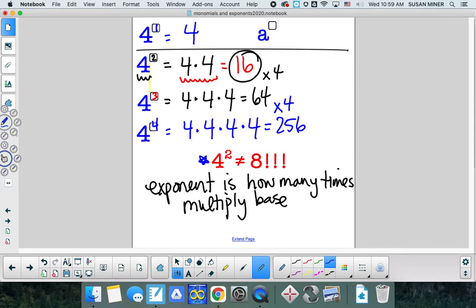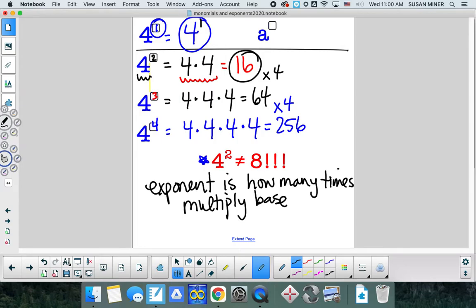So if I ever see a plain number that doesn't have an exponent on it, we say it has an invisible exponent of 1. Because anytime I have an exponent of 1, what I get is just a plain number. So if I have a plain number and it needs an exponent, and we might in the future need an exponent, I can put an invisible 1 exponent on it. Okay, so again, we have that kind of invisible 1 rule happening here again.